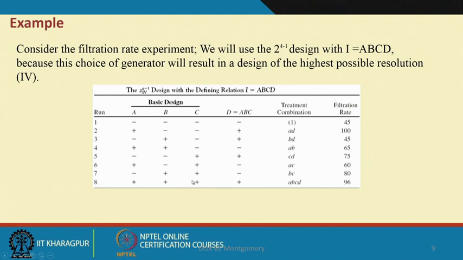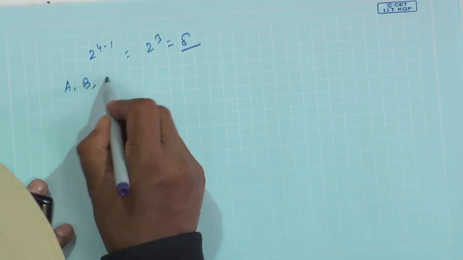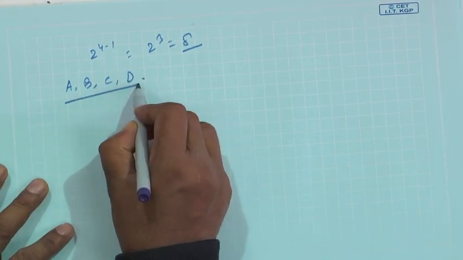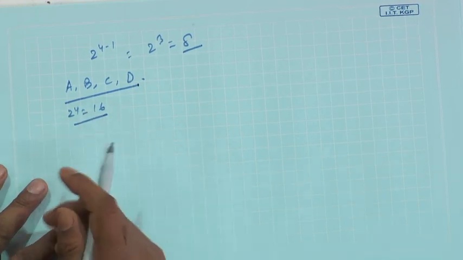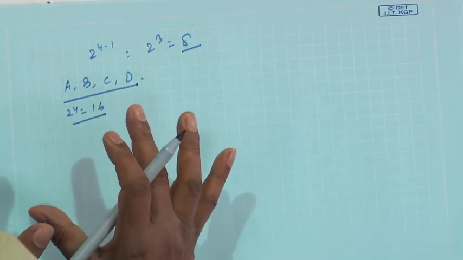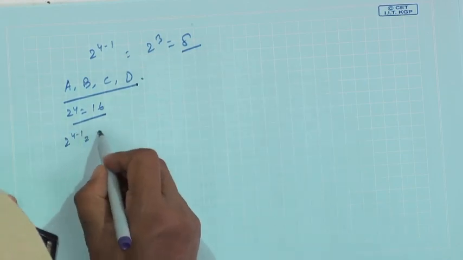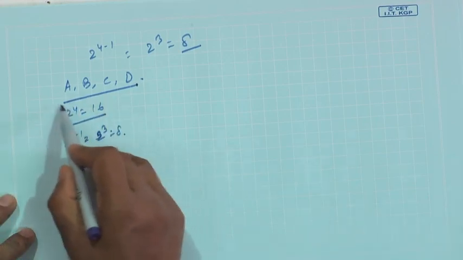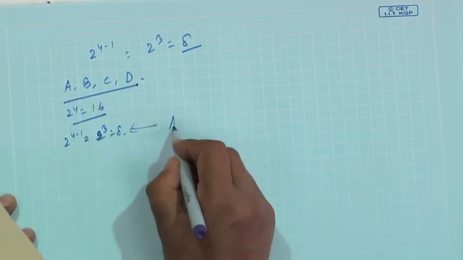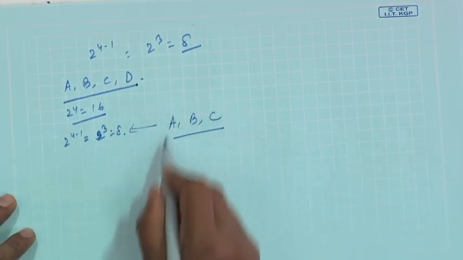So, the procedure is, although I have 4 factors A, B, C, D, and I would require 16 runs for the complete factorial design, you are going for 2 to the power 4 minus 1, that means 2 to the power 3, 8 runs. So, at least in 3 factors A, B and C, let this be the full 2 to the power k factorial.